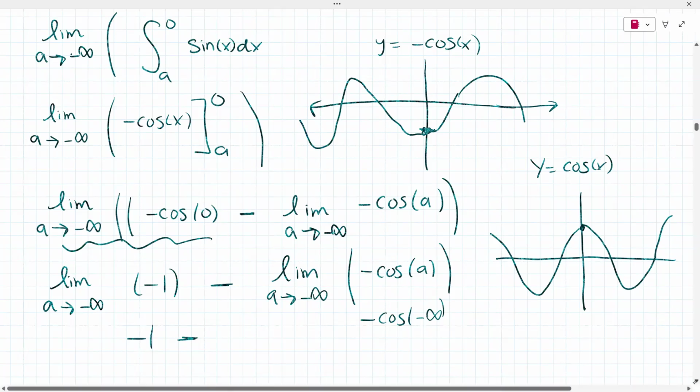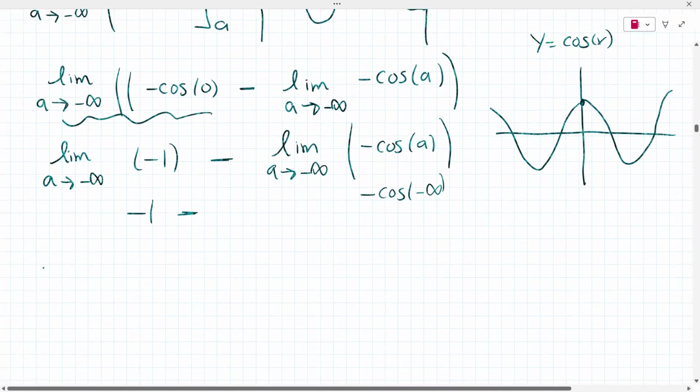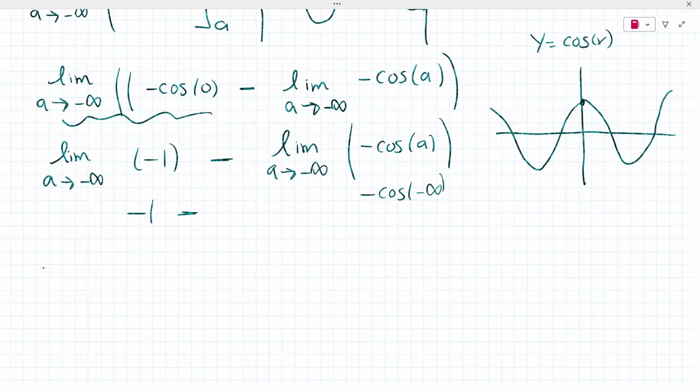Okay. So it's going to be -1, and then the limit as a approaches negative infinity of the negative cosine of negative infinity. It actually oscillates.